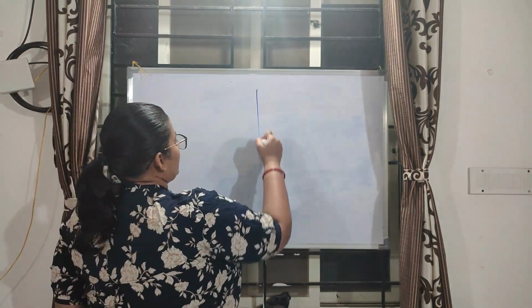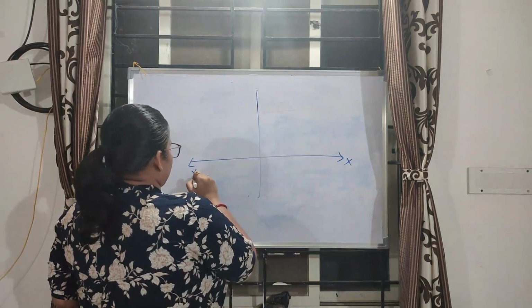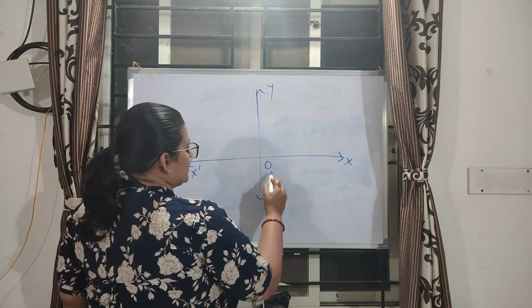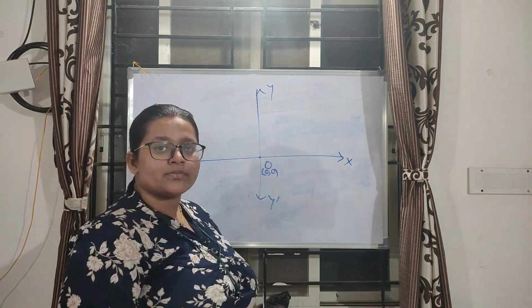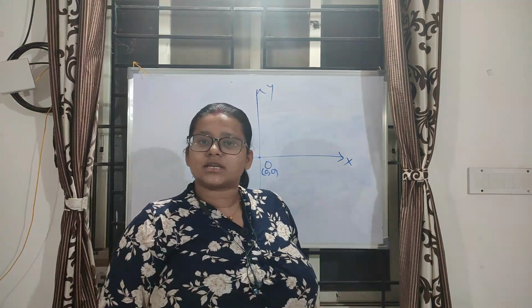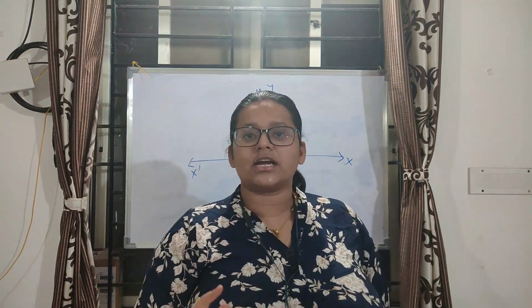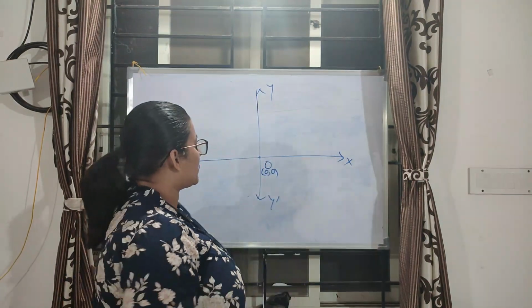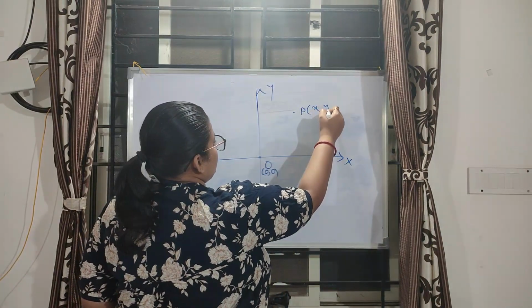I am not taking any particular value for x and y. Same as before, we will draw the rectangular axes. This is the origin only. This coordinate is always (0, 0). In this rectangular system, sometimes it's called the xy coordinate system also, because here only x and y values are included. So here any point P (x, y) is there.